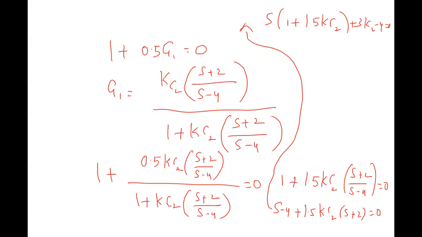Now, what is the Routh criterion table? This is a first order equation. So let's go to another board: S into (1 plus 1.5 Kc2) plus 3 Kc2 minus 4 equal to 0.